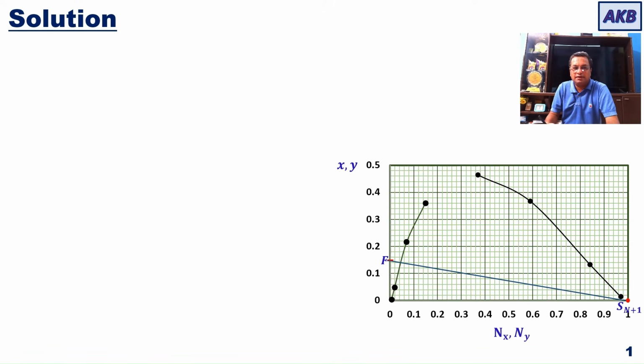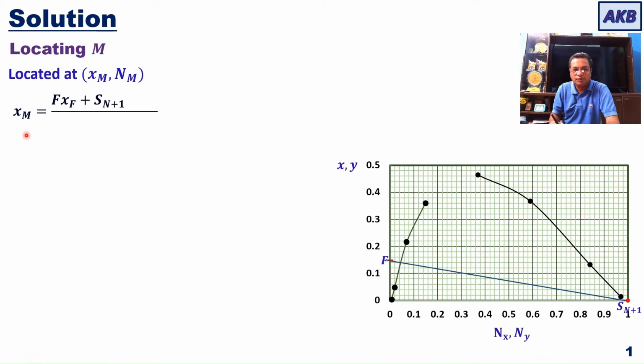Okay. Then the next task is to locate point M on the ternary diagram. Point M will be located at xM, NM. xM is the weight fraction of C in the mixture, and NM is the weight fraction of B in the mixture. But here we just need xM for locating point M. First we need to find it.